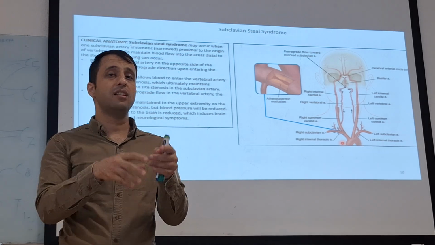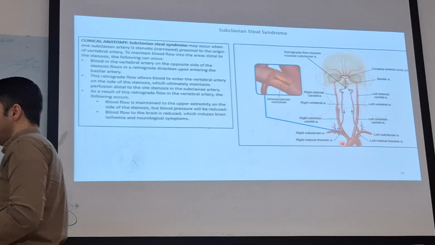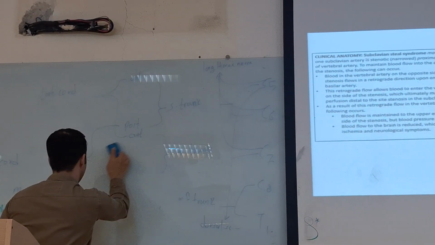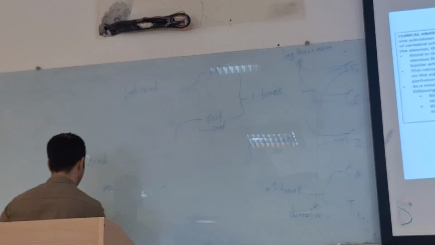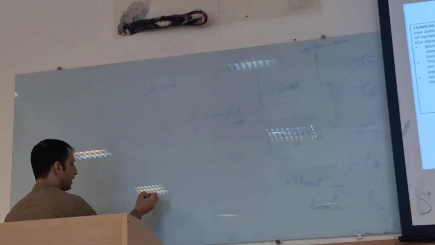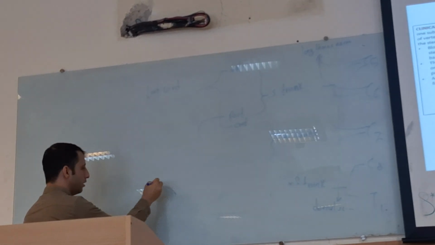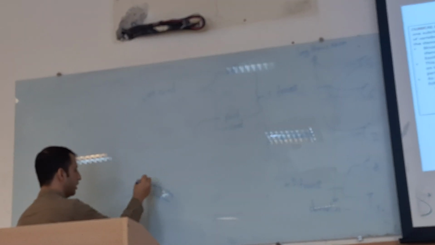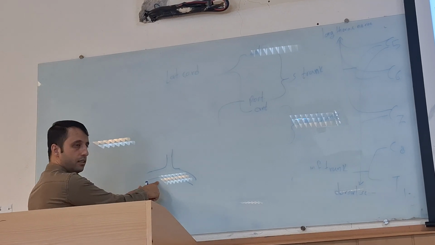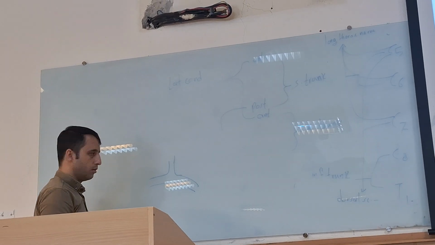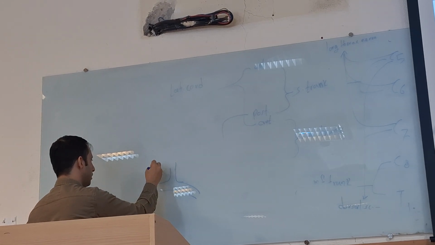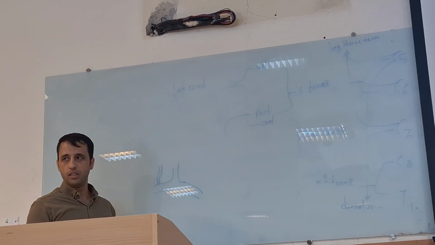My question is about this stenosis, look here. On the right side, I have the brachiocephalic trunk, which divides into the subclavian and common carotid arteries. And here I have the vertebral artery.